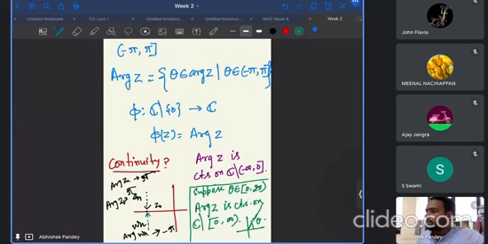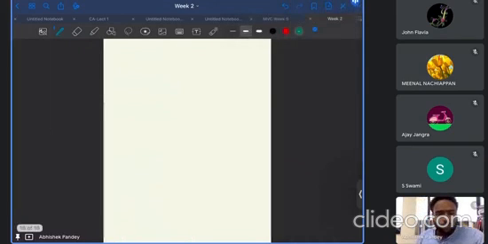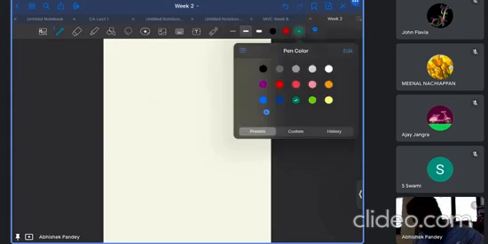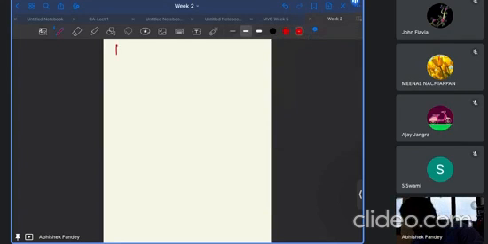Let me again talk about an important concept, which is very important when we define differentiability: R linear and C linear maps.